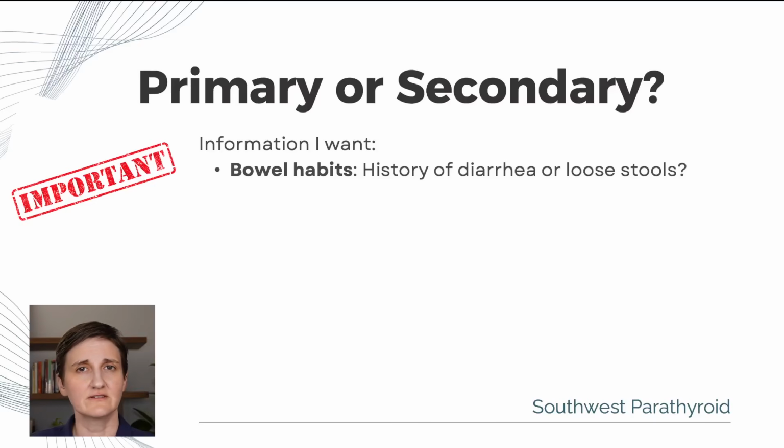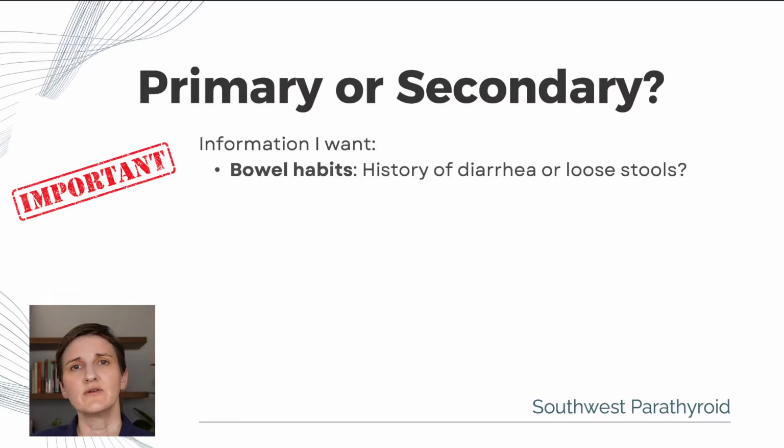I'm looking for causes of secondary hyperparathyroidism, reasons that your parathyroid glands might have to work harder. So, why your calcium might be normal, but your parathyroid glands are working harder. What could that be? Well, diarrhea could do it because it makes it hard to absorb the calcium. Your parathyroid glands respond to that drop in blood calcium.